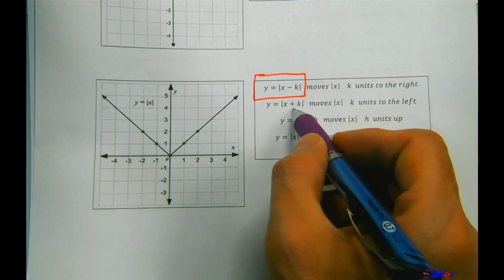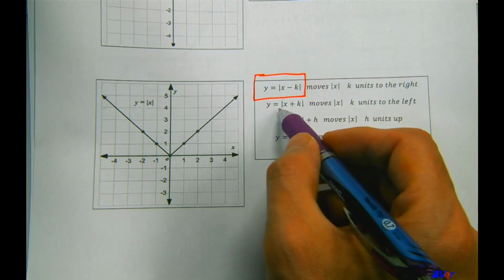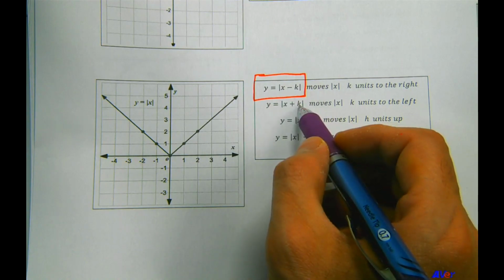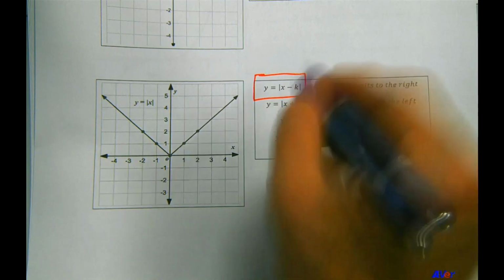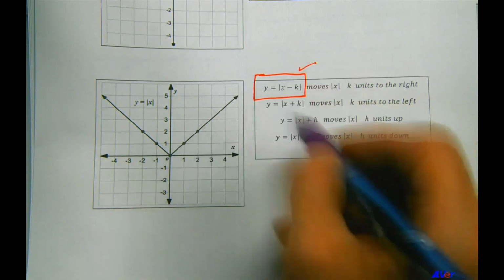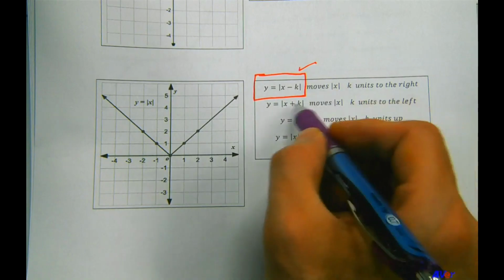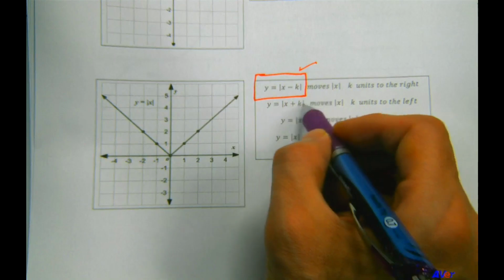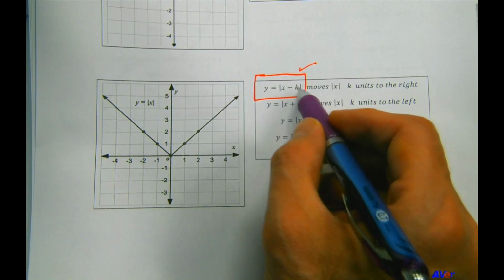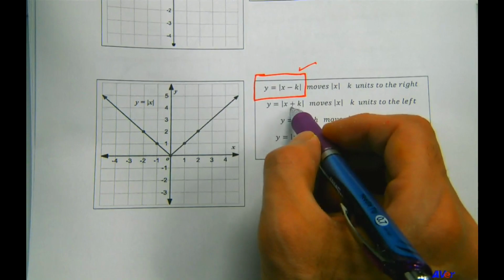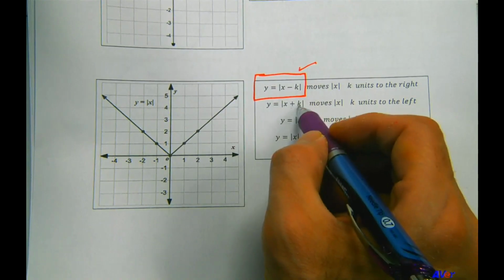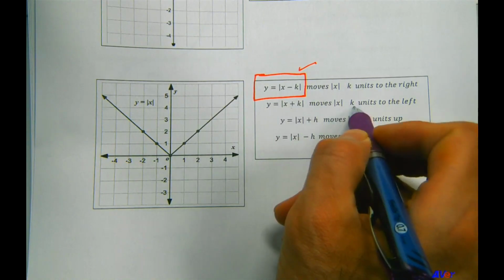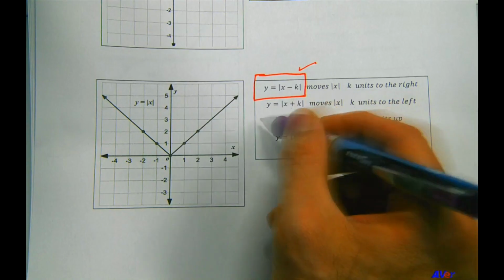Now if we have y equals absolute value of x plus k, that indicates k must have been negative, because this is the general absolute value function. So if the middle algebraic sign turns positive, that means k must have been negative, because minus would be positive. So if k is negative, that indicates the absolute value function of x moves k units to the left, horizontally to the left, because k is negative.